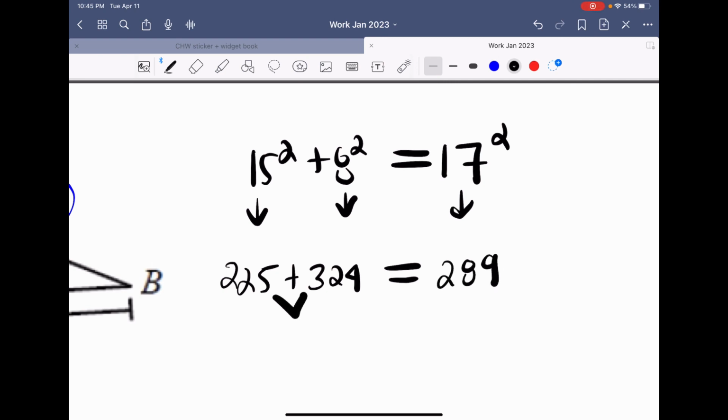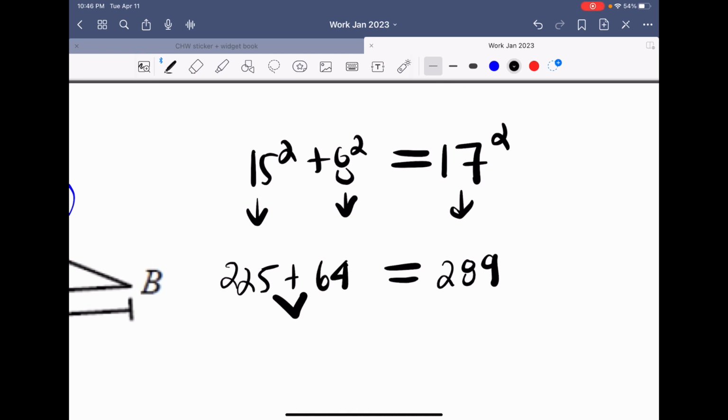So if we add these two, is it going to make the same answer as the one on the right? And I definitely don't think so. But we'll check. Oh no, wait, my bad. Okay, I did this wrong. I don't know how I got that. That's not right. 8 squared, I thought it was an 18, but it's 64. 8 times 8 is 64.